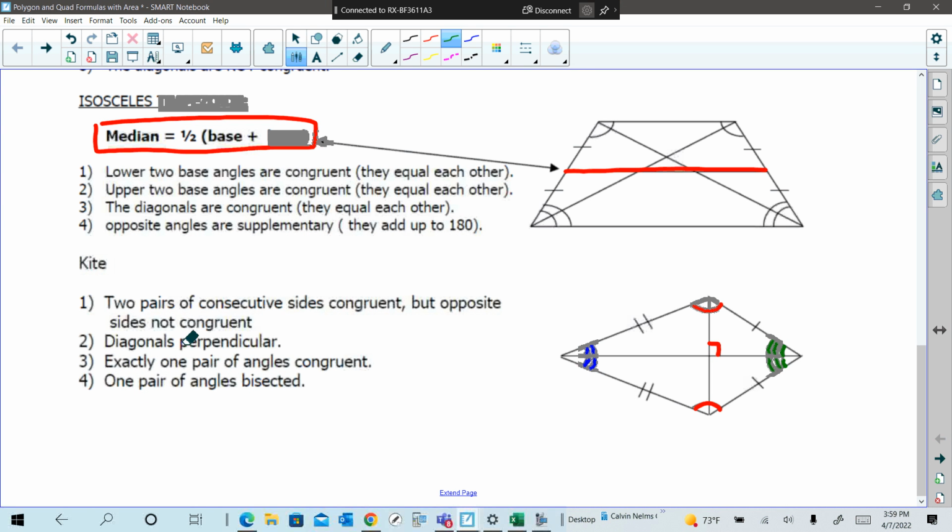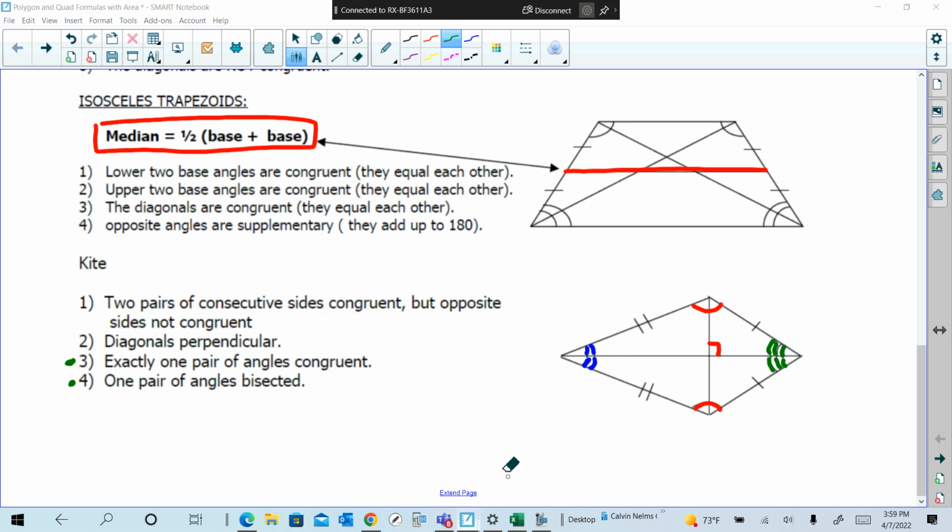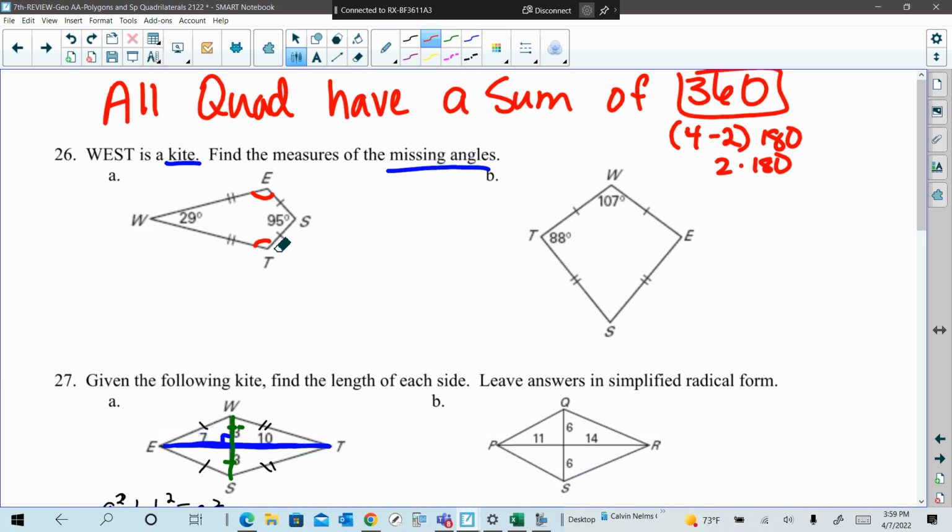One pair of angles are congruent, exactly one pair, and one pair of angles are bisected. The pairs across from each other are the pairs that are congruent. This is showing the bisecting part. I don't have a diagonal in this example, so I'm just using that the one pair opposite are congruent.